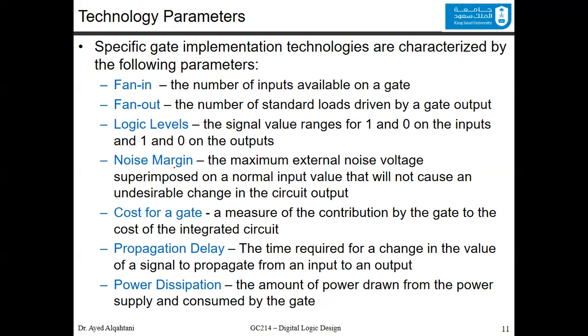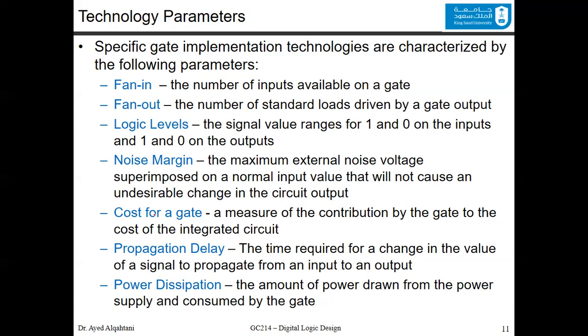The noise margin is the maximum external noise voltage that is superimposed on a normal input value and which will not cause an undesirable change in the circuit output. So the noise margin gives you a limit that you can tolerate, and you can still distinguish between logic 0 and logic 1.